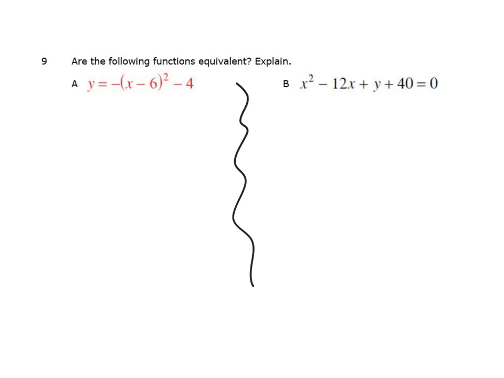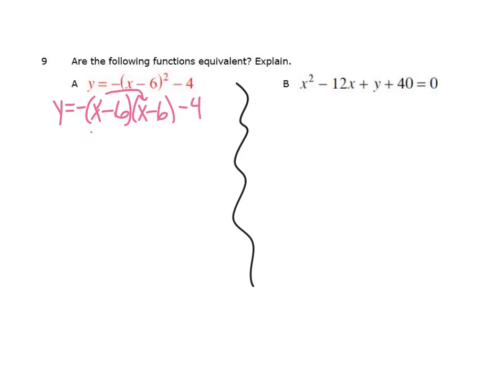So starting with what's on the left, we have y = negative (x minus 6) times (x minus 6) minus 4.